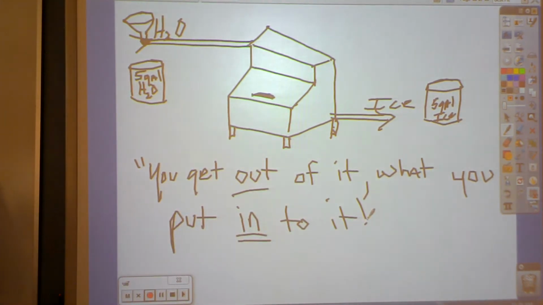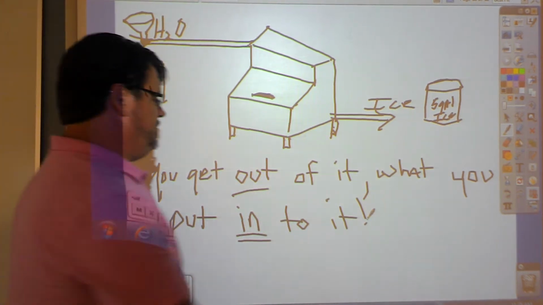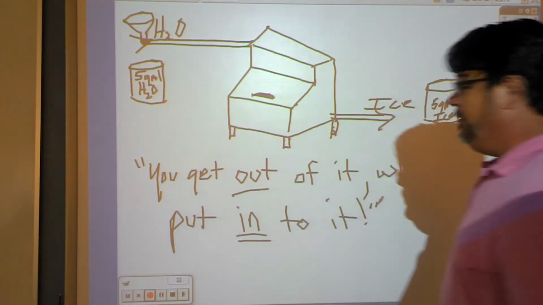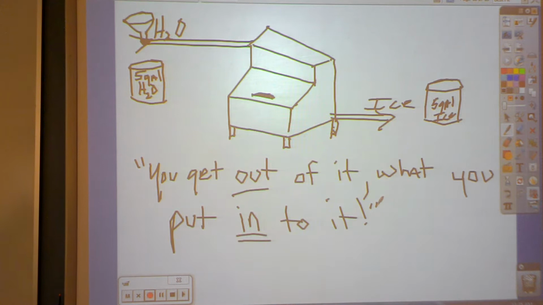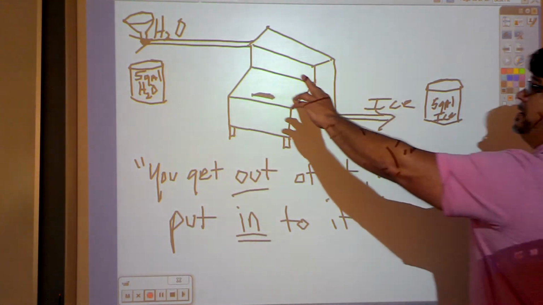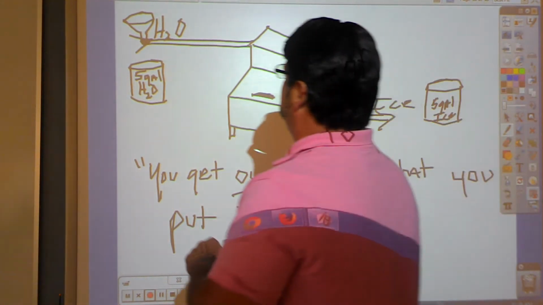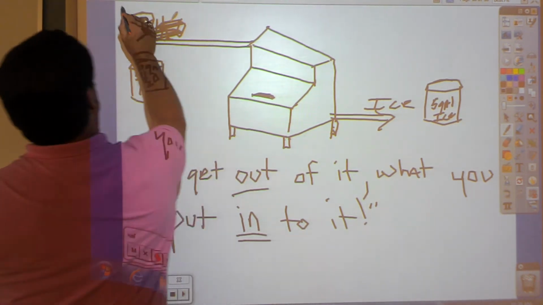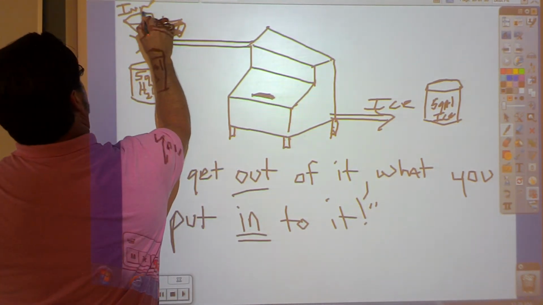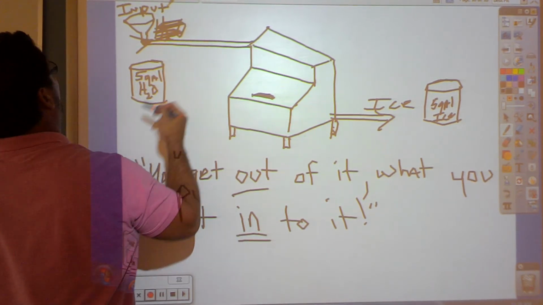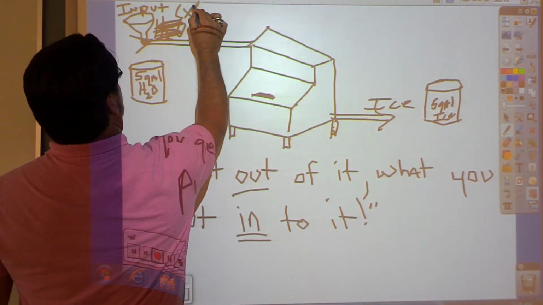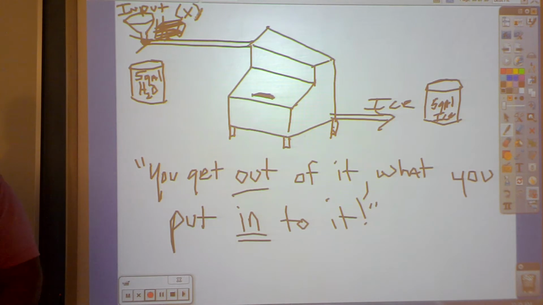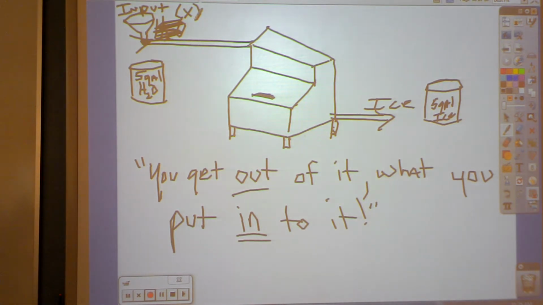Now, what in the world does this have to do with functions? Well, I'm fixing to tell you. The H2O, let's change that to input. Or we could change it to, what's our input with functions?